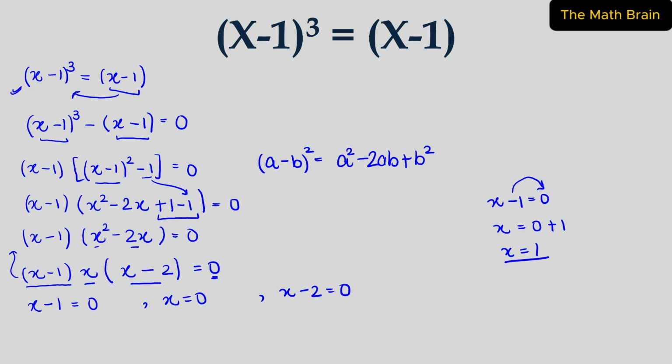First value here. Second is x is equal to 0, we already have that. Third is x minus 2 is equal to 0. 2 goes to the right hand side and becomes plus 2, so 0 plus 2, x is equal to 2. From here we got the values of x as 0, 1 and 2. I hope it was clear.